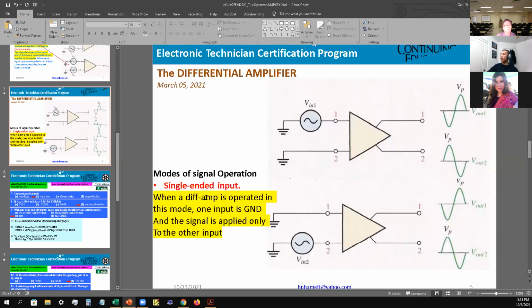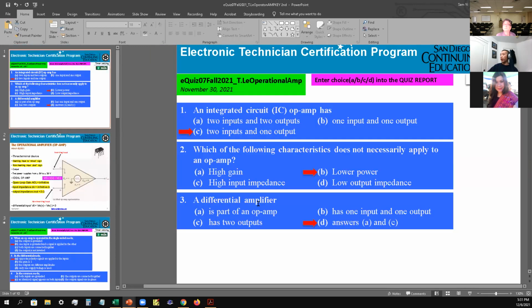If you look at the single ended, you will have 2 outputs possible right here, output 1 and output 2, on a single-ended differential amplifier. That's why the answer for number 3 is both A and C. So the answer is D, as in David, for number 3.